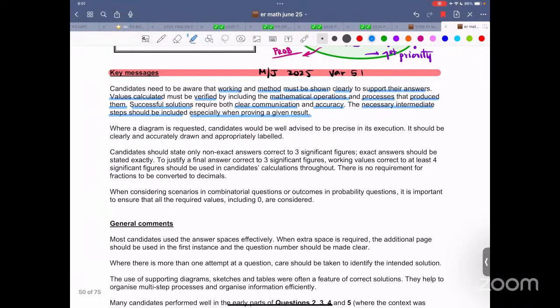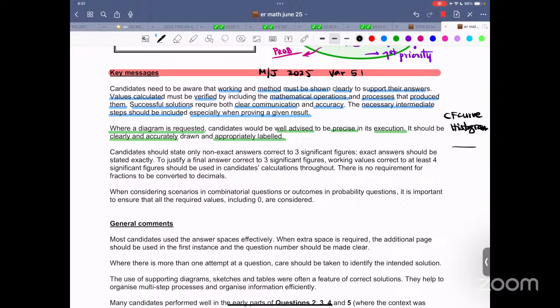So now it further says that where a diagram is requested, candidates would be well advised to be precise in its execution. It should be clearly and accurately drawn and appropriately labeled. Let's say we are drawing a cumulative frequency curve, or a histogram.